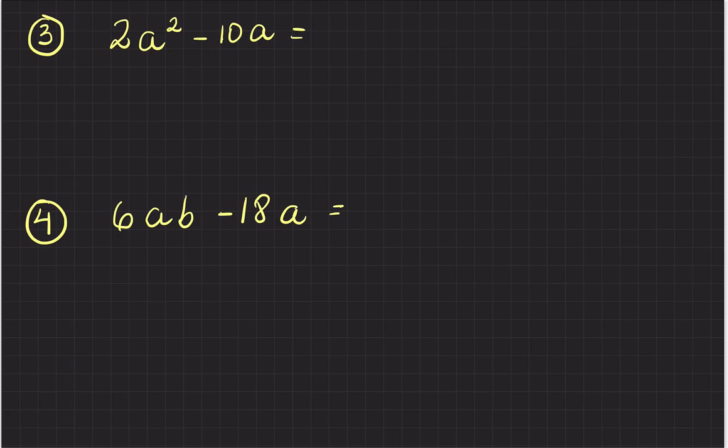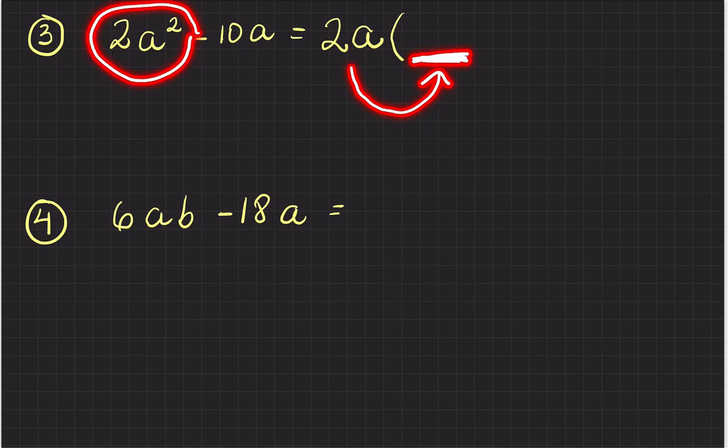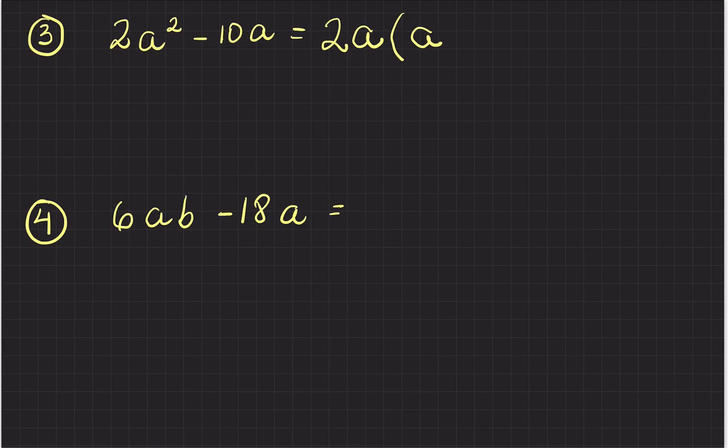So what I'm going to do is to factor 2a, because those are the ones that are in common, then parentheses, and again 2 times what here would give me the 2a squared? That will be a, right? Okay, then comes a negative sign.